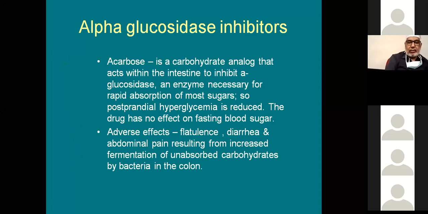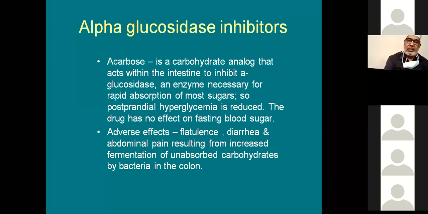Alpha-glucosidase inhibitors. Acarbose is a carbohydrate analog. It acts within the intestine to inhibit alpha-glucosidase. They produce the reaction by inhibiting the enzyme alpha-glucosidase, an enzyme necessary for rapid absorption of most sugars. So, postprandial hyperglycemia is reduced.